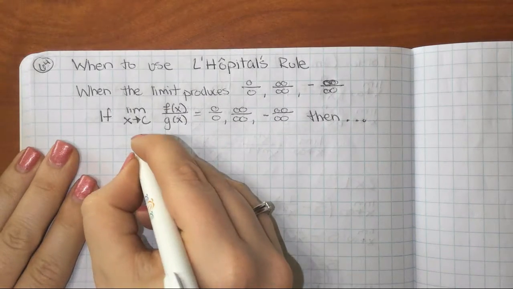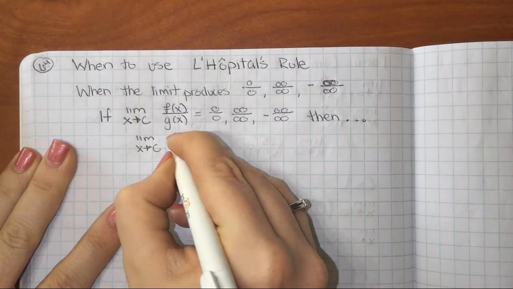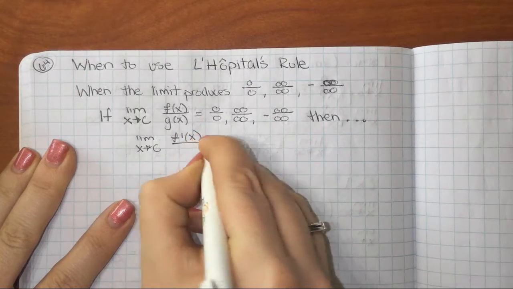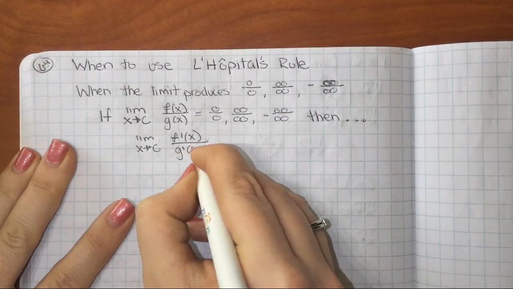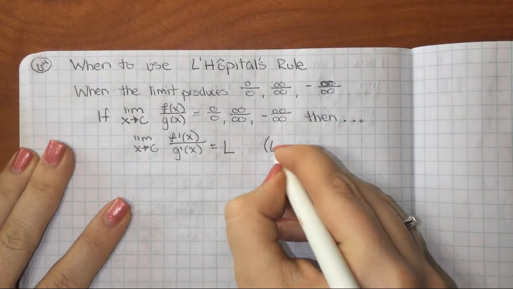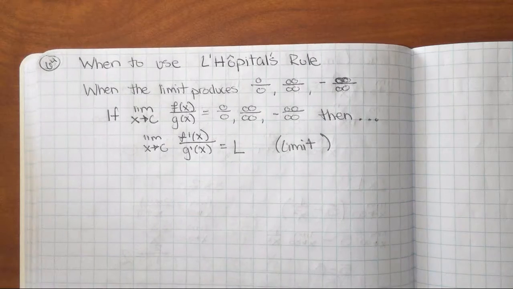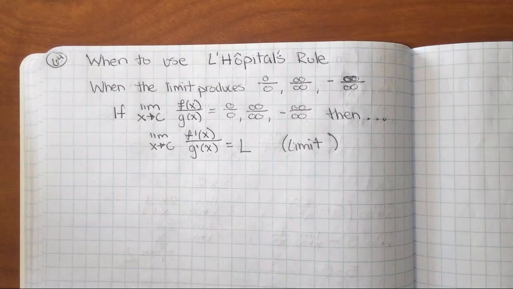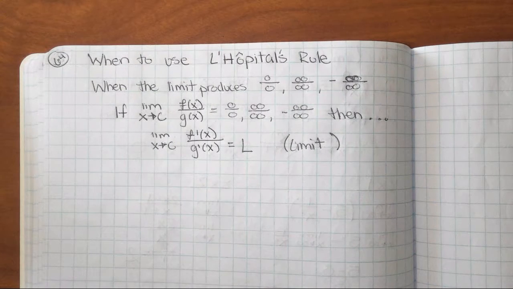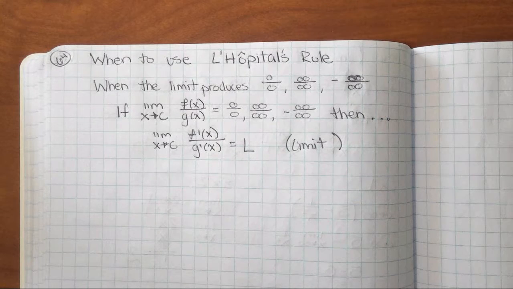The limit as x approaches c of f prime of x over g prime of x equals L. The reason we could not do it before is because in Chapter 1 you didn't know derivatives. But now that we've gone through Chapter 2, you know how to derive things. So we can use this process.